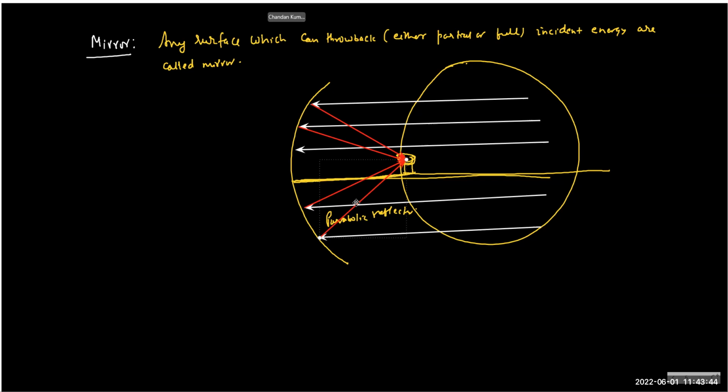So when you locate it at the focus, all the signal will be received after reflection. So this is also a case of reflection. But of course, the reflection is not of the light ray, rather the electromagnetic wave. And metallic surfaces, or you can simply say metals, are a very good reflector of EM waves. Understood?